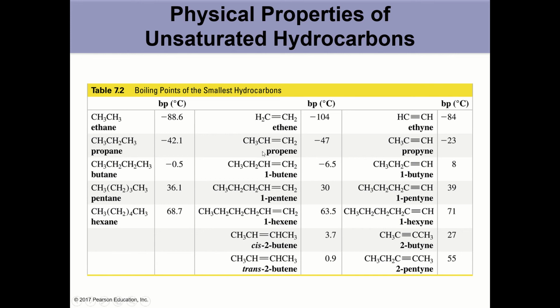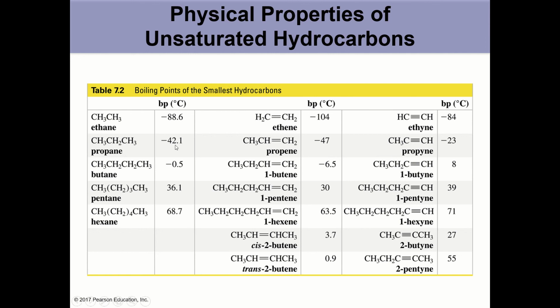And so the intermolecular force for the alkane and the alkenes are similar because one pi bond is not making a huge difference in electronegativity. But when we move to the alkyne and we have 2 pi bonds instead of 1, there's a bigger difference.